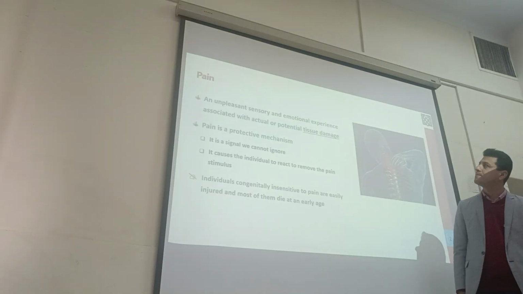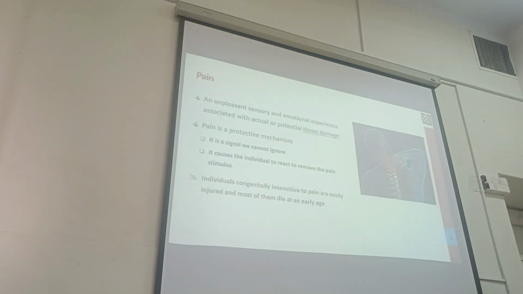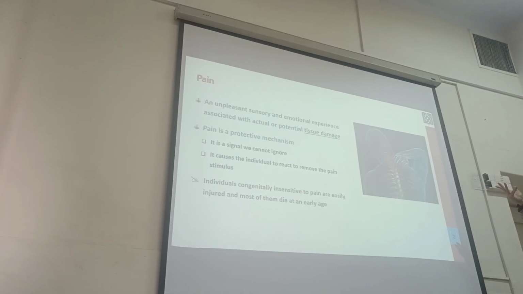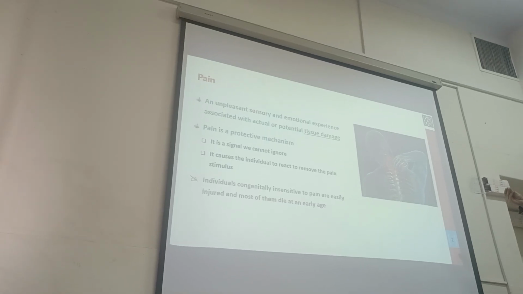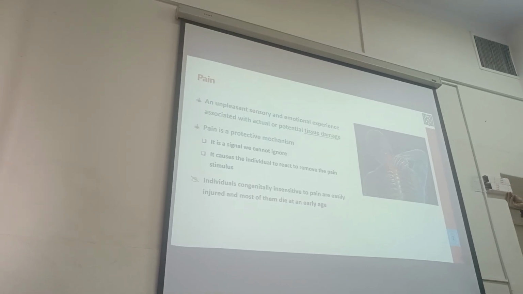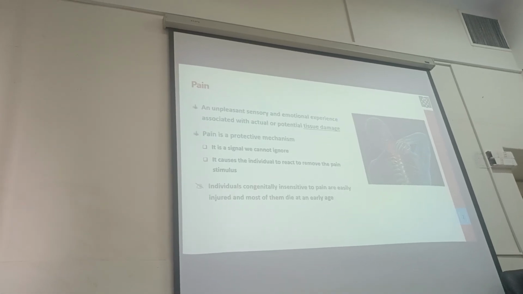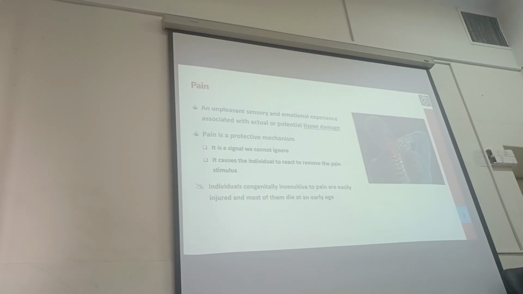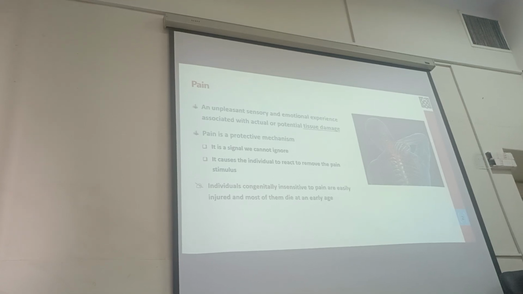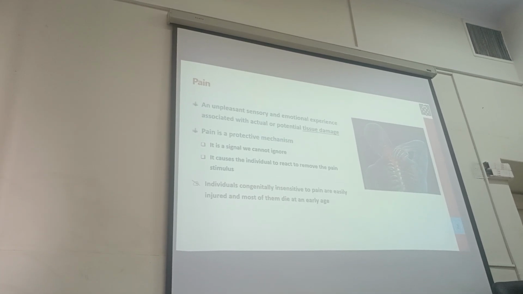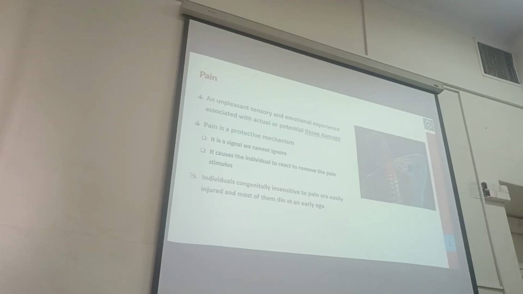So pain is an unpleasant sensory and emotional experience that happens after actual or potential tissue damage. So, any tissue damage that happens in the body causes an unwanted feeling, which is called pain. But remember, it's a protective mechanism.